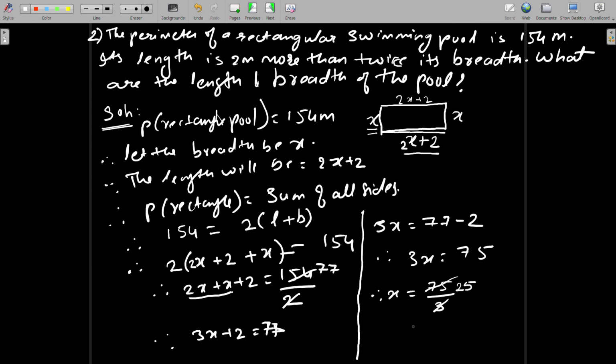Therefore, x is equal to 25, right? Now what is this x? X is nothing but your breadth. So we are getting the breadth as 25. So the length is 2x plus 2. Therefore, I'll just take this here.